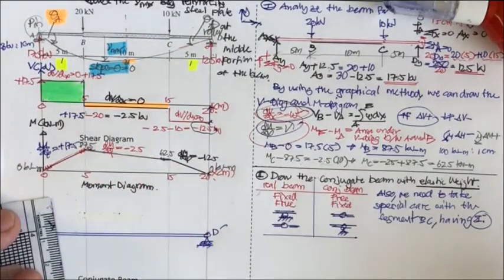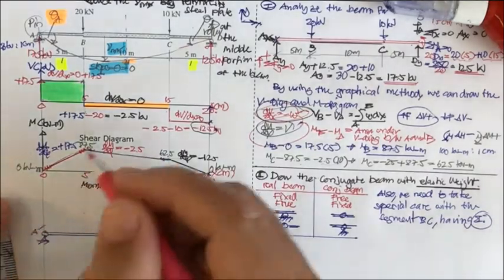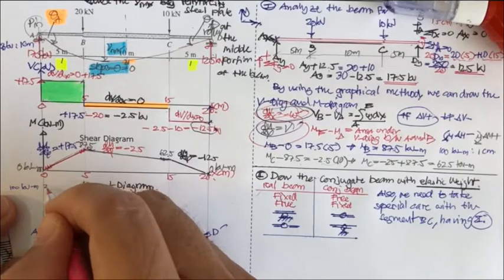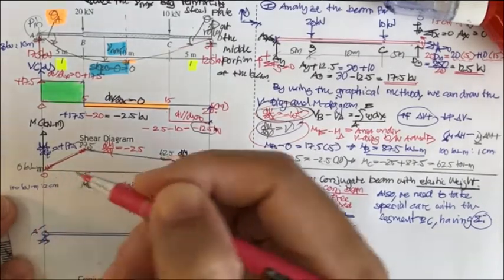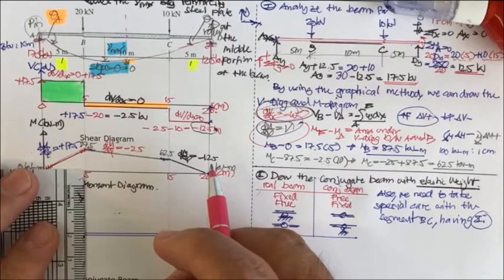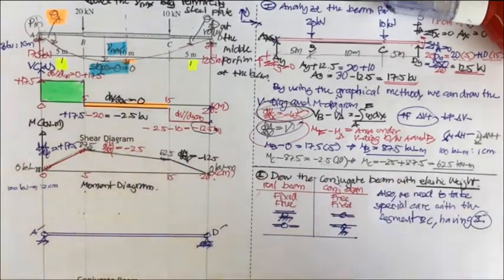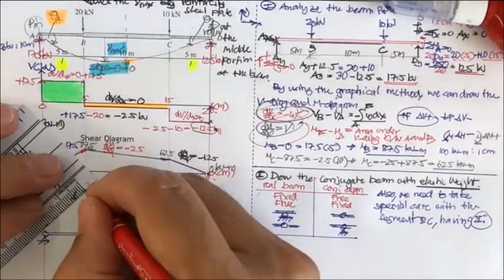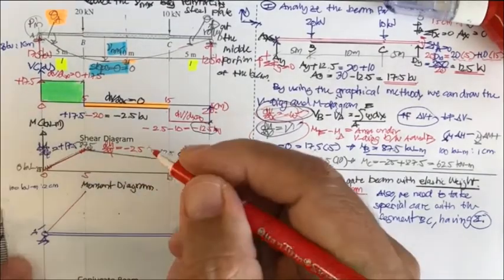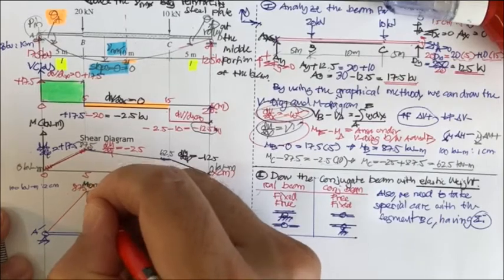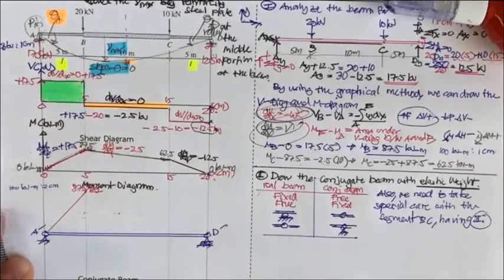Let's say if you measure 100 kilonewton meter for about 2 centimeter, this one must be about this. Approximately, the elastic weight at this point is going to be 87.5 divided by EI.